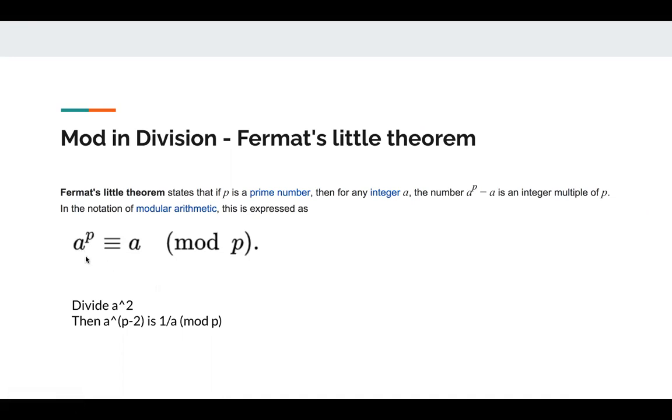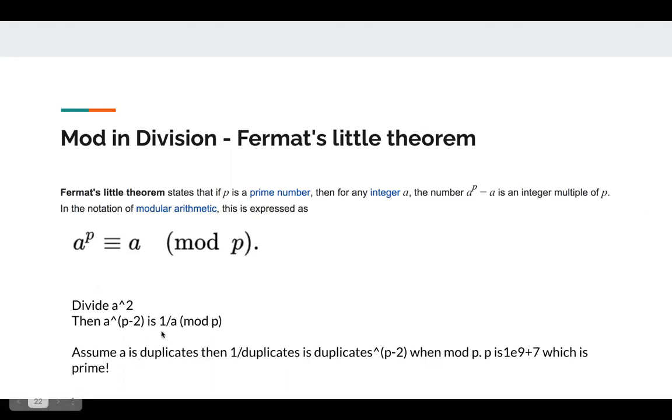So a to the p minus 2, that is 1 divided by a, modulo p. So assume a is the duplicates. So we replace a with duplicates. Since a is any integer and duplicates is an integer, 1 divided by duplicates is duplicates to the p minus 2 mod p, right? Since p is this number which is prime, we can do this conversion.